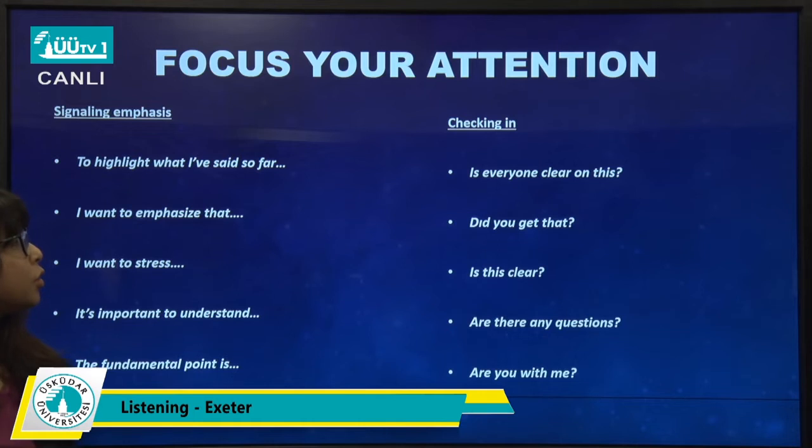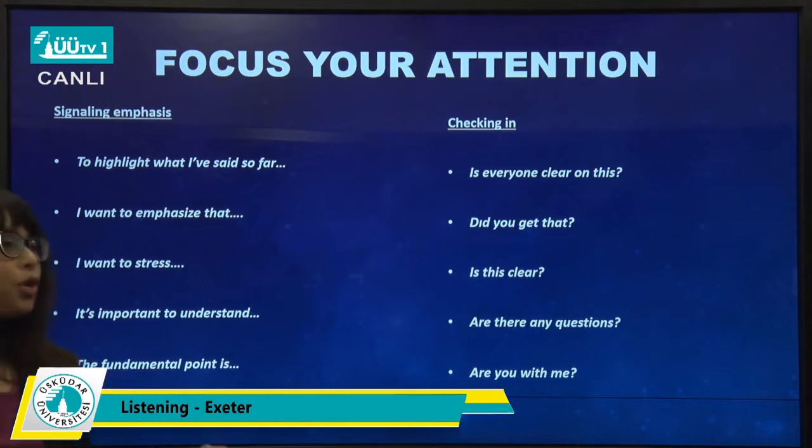Also, they are going to use checking-in phrases such as the ones on your right to see whether you are following along with the lecture. So I want to give you an example of how I use these phrases. For example, like this part here.